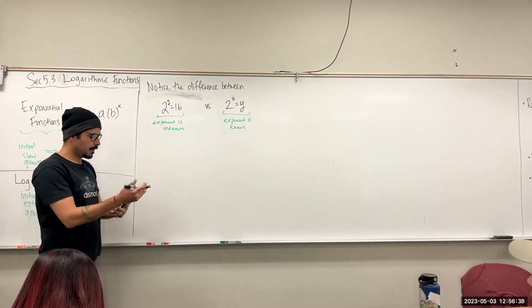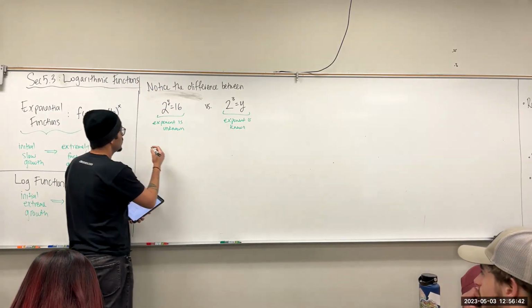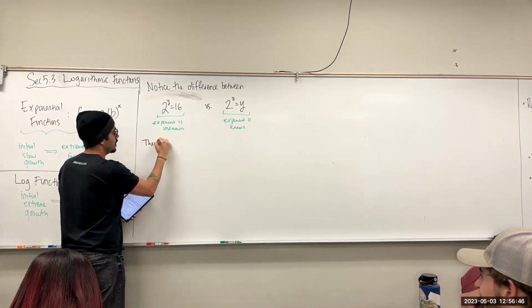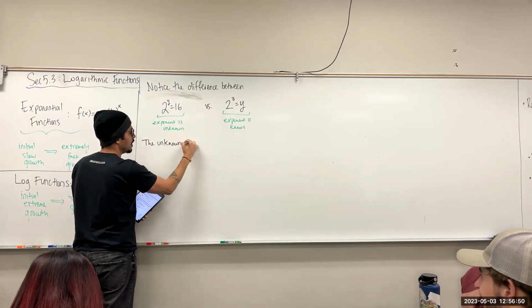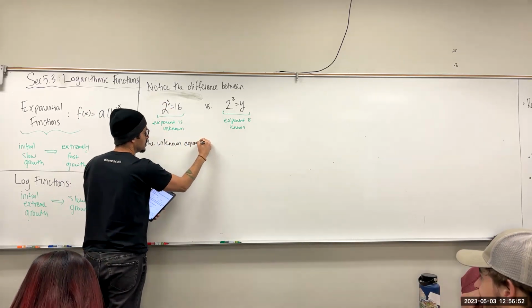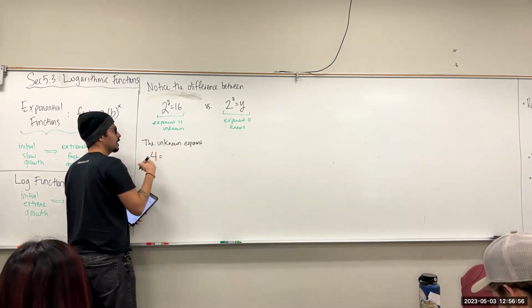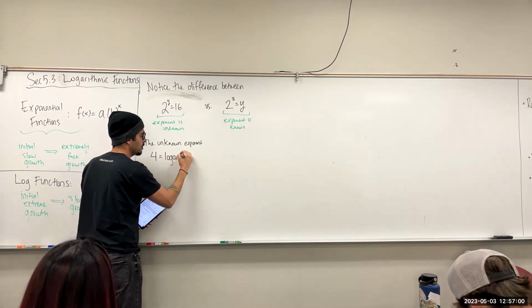So here, the unknown for this particular example that I'm giving you, the unknown exponent, is going to be 4, which the fancy name for all this is it's going to be the logarithm.